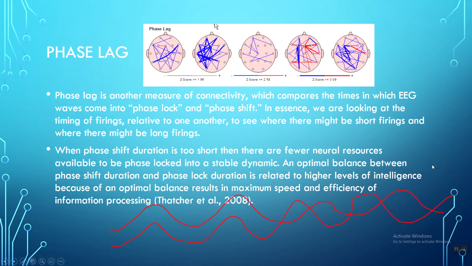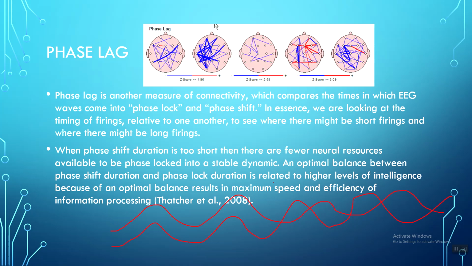Now I'm just going to start to explain this to you in semantics so you can understand this measure. So, phase lag, right? Phase lag is like this phase shift, right? When we have blue phase lag, it is hypo phase lag, not enough phase lag. Hypo phase lag equals too much phase lock. Right? So it's like you have to translate it.